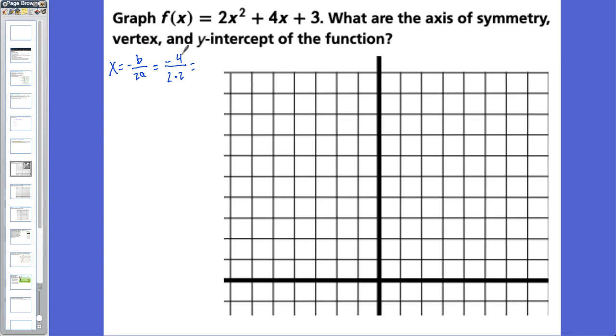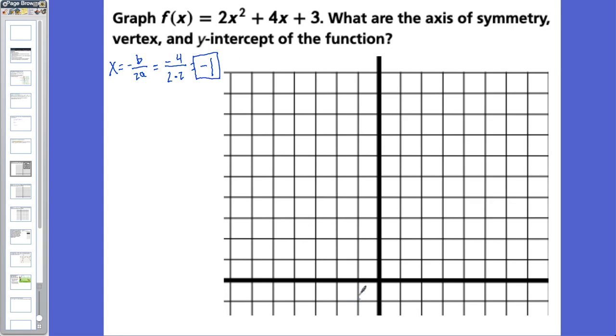So negative 4 over positive 4 is negative 1. So my axis of symmetry is the vertical line x equals negative 1. All right, that means my vertex is on negative 1. Somewhere on this line right here is my vertex. And I just have to find the y value.